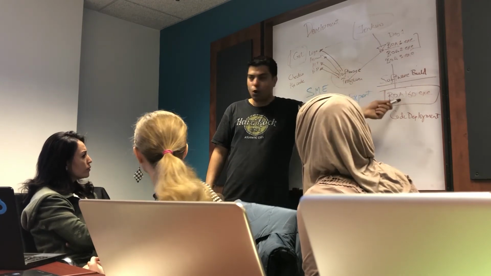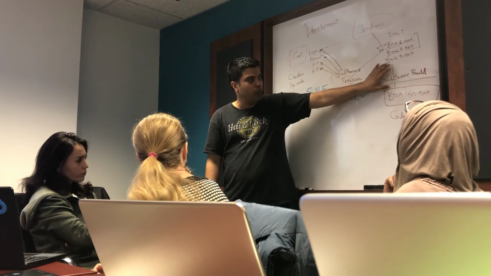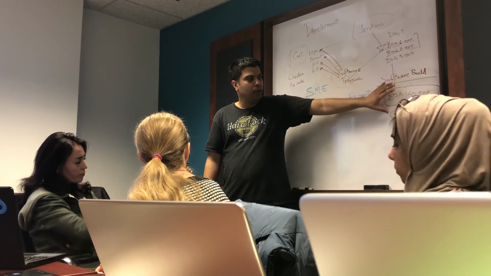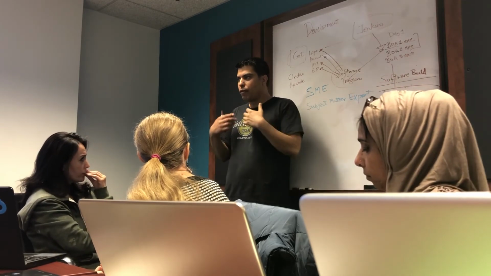Jenkins has another functionality that can install or deploy. The reason I'm using the word install is that's what you're used to. In IT, we use the term deploy code. So you need to understand the difference between a software build and deploying code. What is a software build?